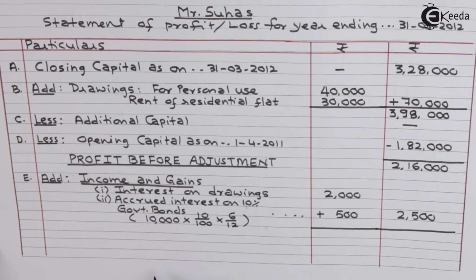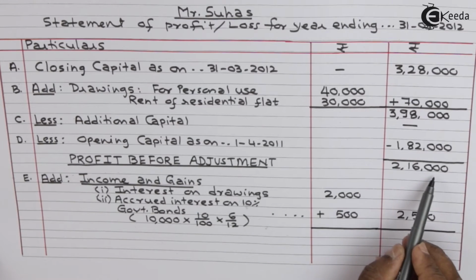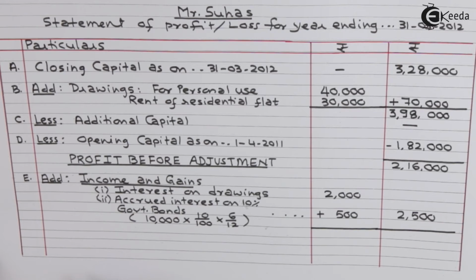It is 2,500. Profit before adjustment 2,16,000. To this amount we will be adding this 2,500. Two lakh 16,000 plus 2,500 is 2,18,500.